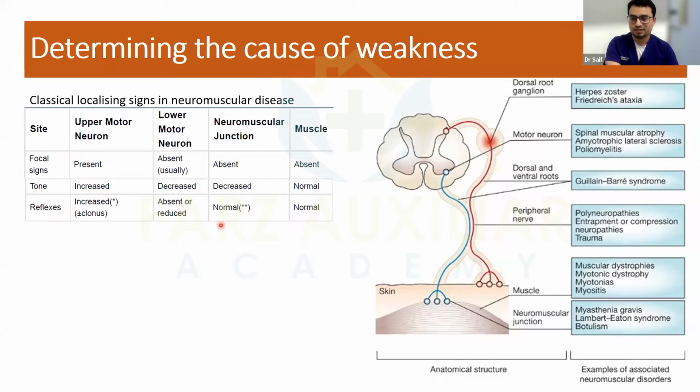So reflexes may be normal in NMJ type of diseases like myasthenia gravis, and if it is myopathic, may be normal. Okay, the tone may be normal, and the reflexes will also be normal in myopathies, muscle issues.